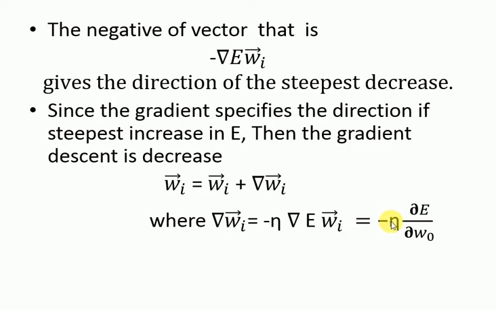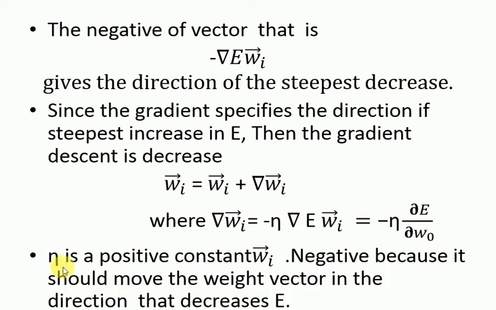So that is delta wi equals minus eta into the partial derivative of E over the partial derivative of wi. Here eta is a positive constant. It is negative because it should move the weight vector in the direction that decreases E.